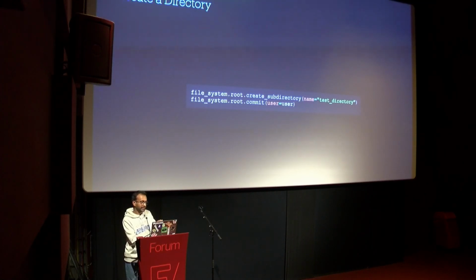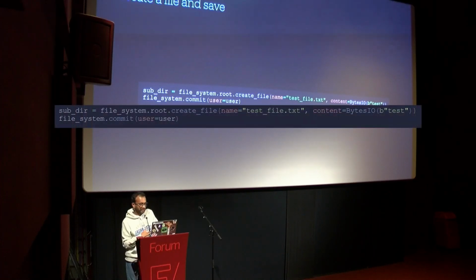And again, you will get a directory object, which you can then use to do various operations on it. But when you want to preserve the file creation, you have to call this commit function. It's the same thing as committing in Git. The commit function is available to you in the file system object or at a lower level, in a directory. You can provide a commit user and optionally some commit message to it.